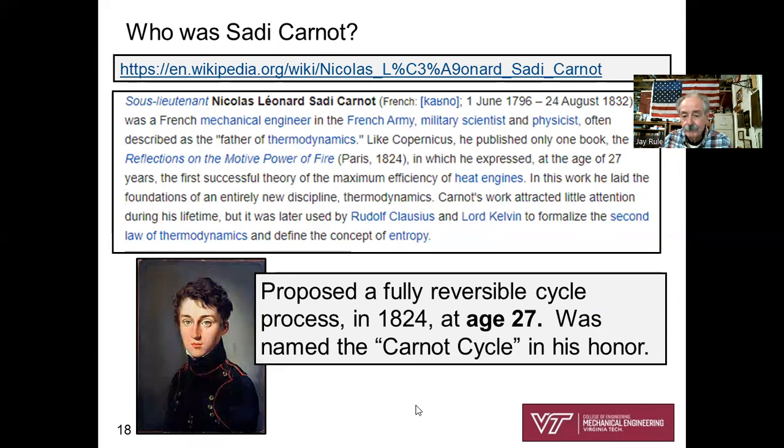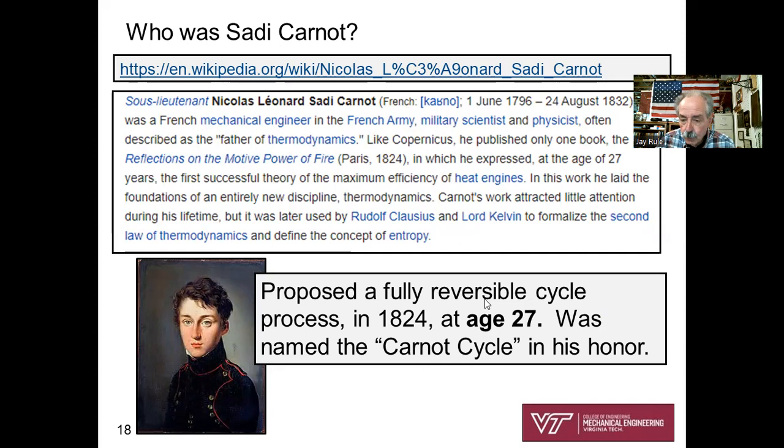Heat engines, turning heat into work, were a brand new technology in 1800.